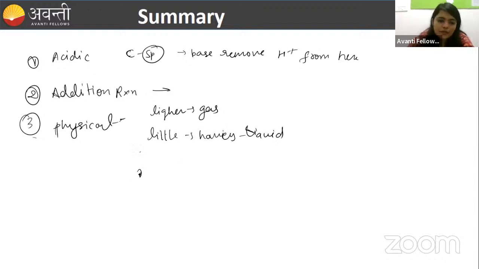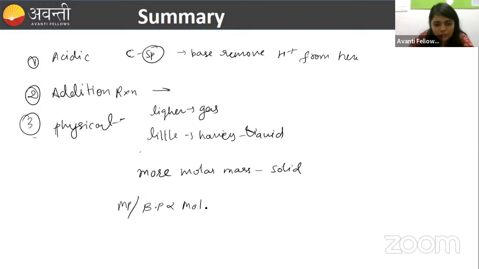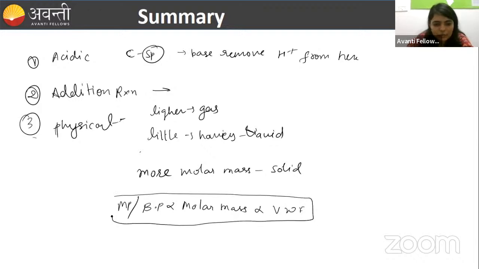If it has more molar mass, then it will become a solid. Okay, and your melting point and boiling point are directly proportional to the molar mass. As the molar mass increases, the melting and boiling point increases. Why? Because your van der Waals force of attraction increases. Okay, so this is your summary for physical properties.